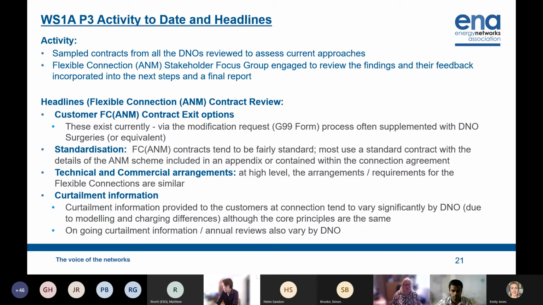It's through the standard modification request to your DNO, known as a G99 form. Depending on your DNO, that process often has DNO surgeries. So there is a way of getting out of these contracts if that's what you'd like to do. We would advise that you first speak to your DNO, attend one of these surgeries, talk about what you're trying to achieve, and then go down the formal route for a request.